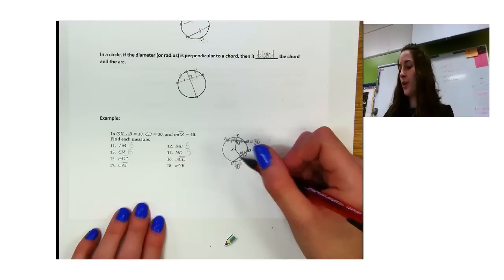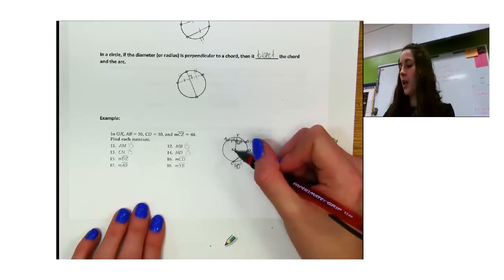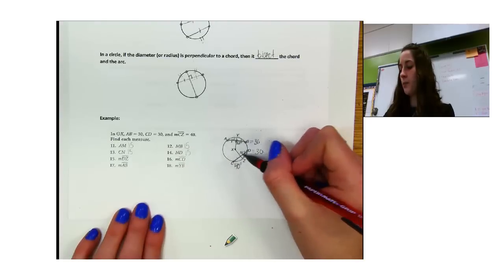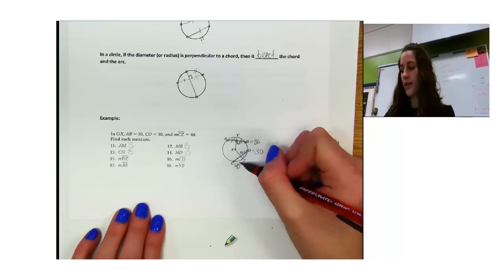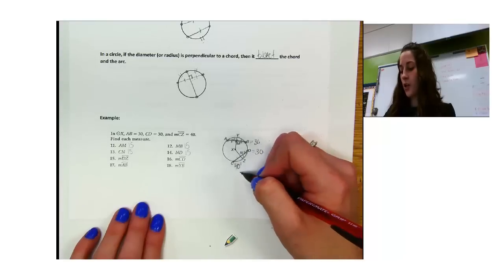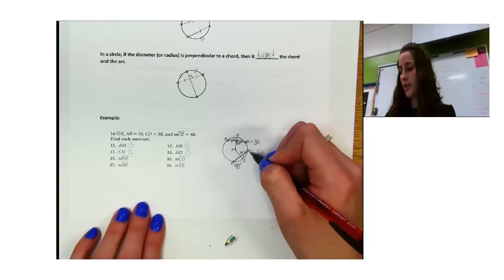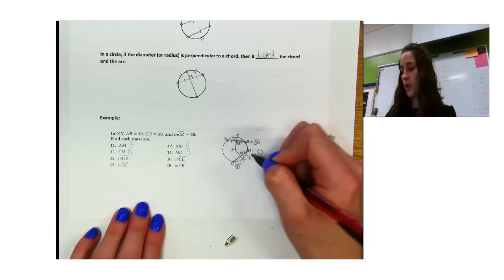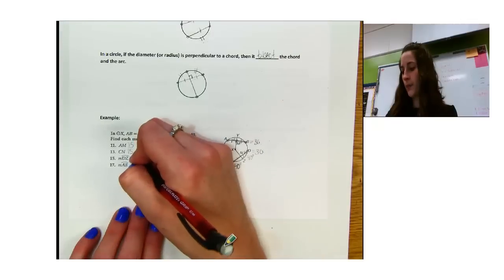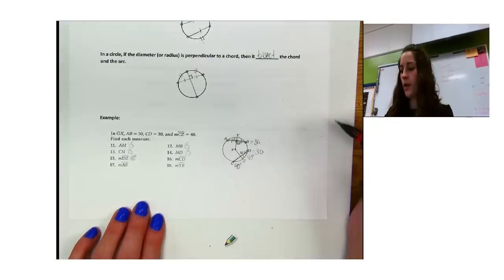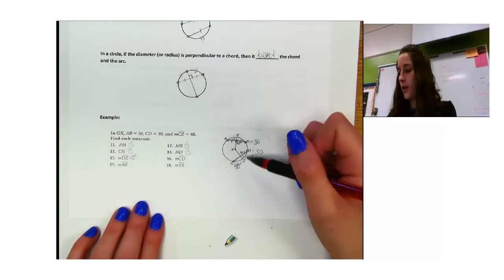Now, we know that the radius being perpendicular to the chord bisects the arc as well. So if the measure of arc CZ is 40 degrees, then ZD is also going to be 40 degrees. Measure of CD.